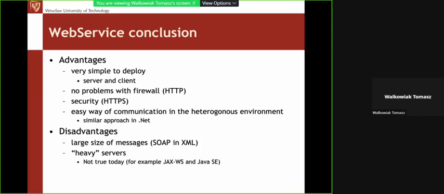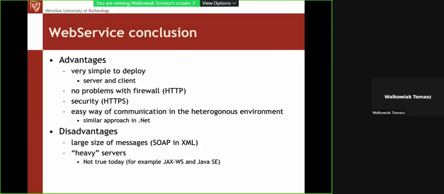The other problem was there at the beginning, but soon, around 2010, 2015, disappeared, okay? Because originally SOAP was connected with enterprise servers, okay?